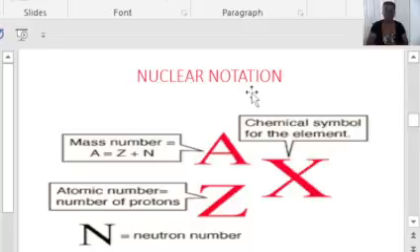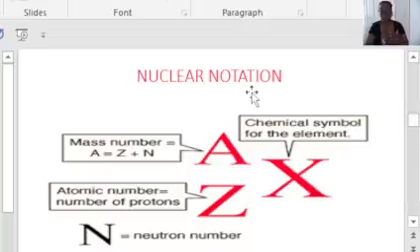Now we also would identify that the last slide did not have the mass number and the atomic number in this form, but just to let you know, when it's represented, it would be in superscript and subscript.